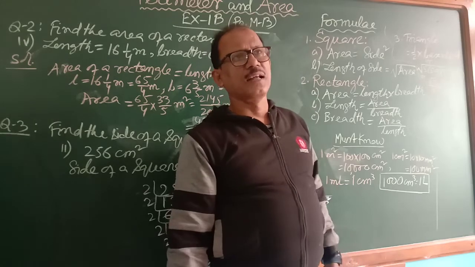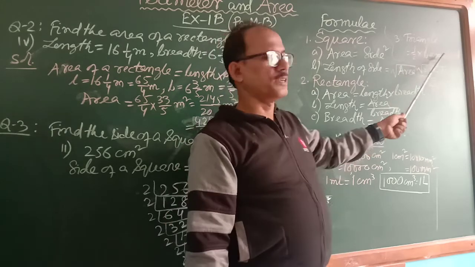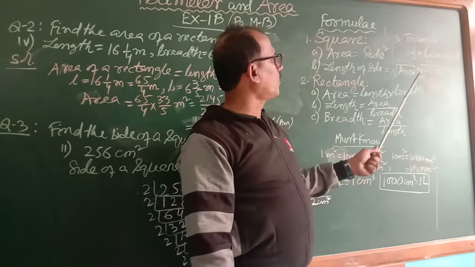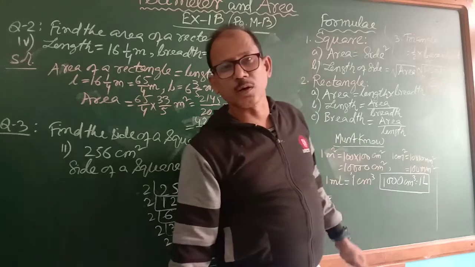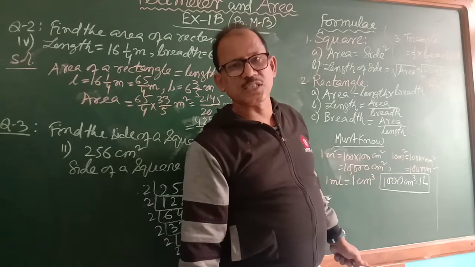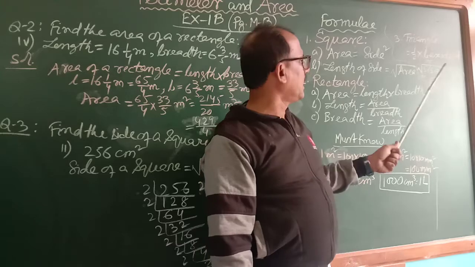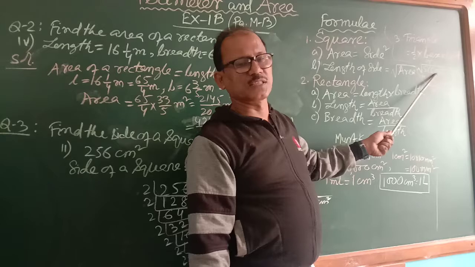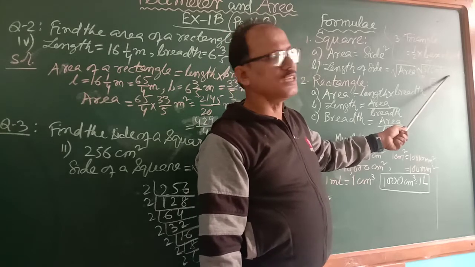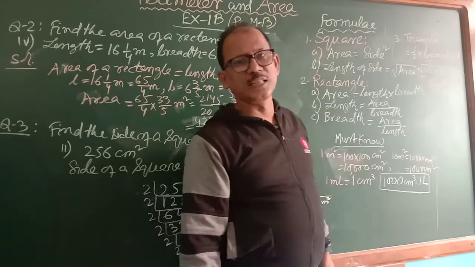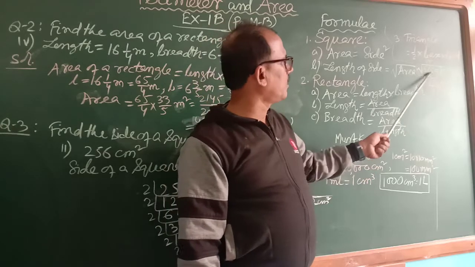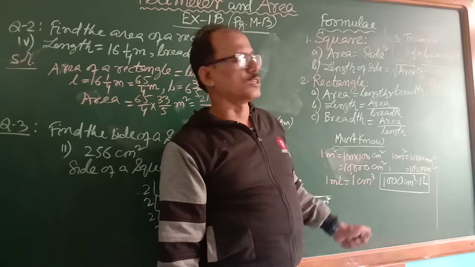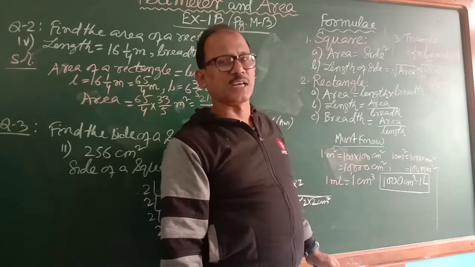If you have the lengths of all three sides, you can find out by Heron's formula, that is root over of s into s minus a into s minus b into s minus c. S is the semi-perimeter, a is the length of the first side, b is the length of the second side, and c is the length of the third side. You need to know all three sides of the triangle.